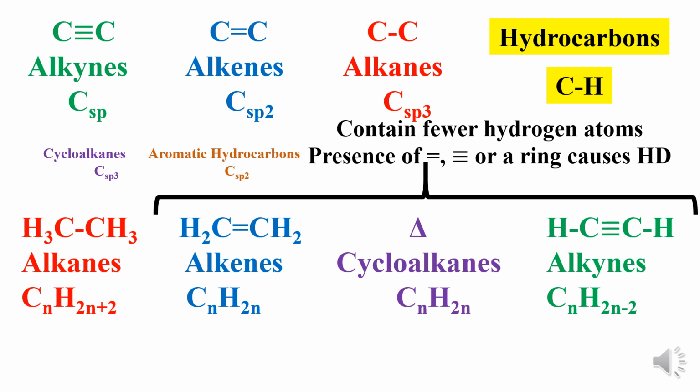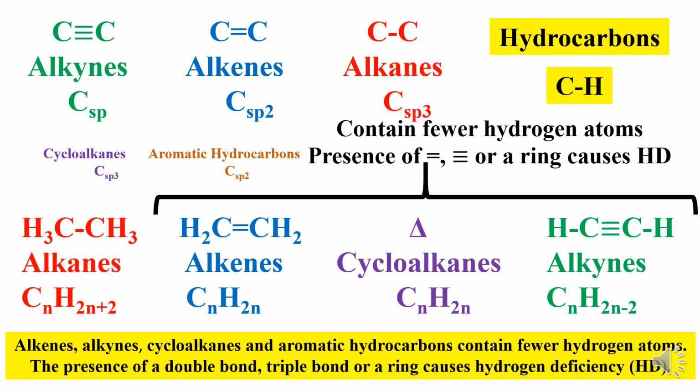So the presence of a double bond, triple bond or a ring causes hydrogen deficiency. So the key takeaway is that alkenes, alkynes, cycloalkanes and aromatic hydrocarbons contain fewer hydrogen atoms than alkanes. And what is causing the hydrogen deficiency?